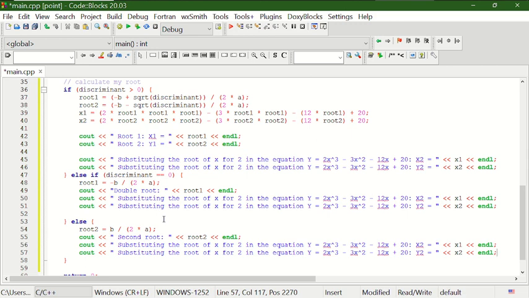So any statement that is printing should also carry the second point.